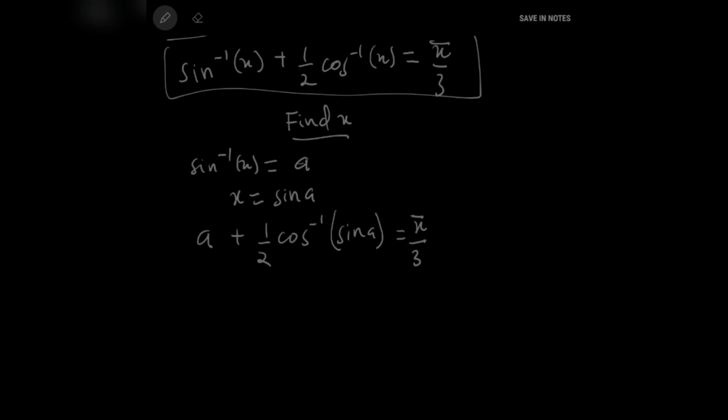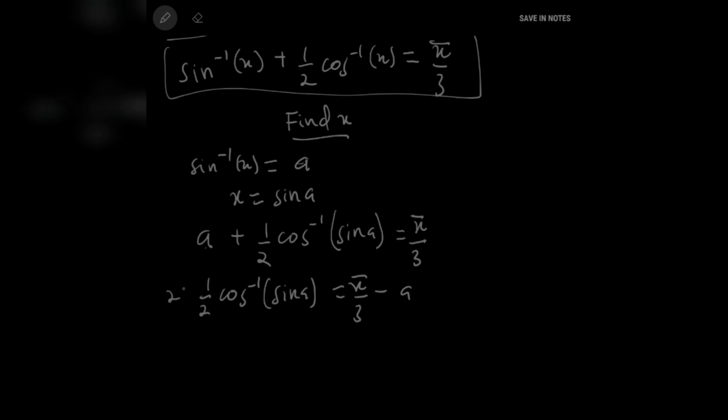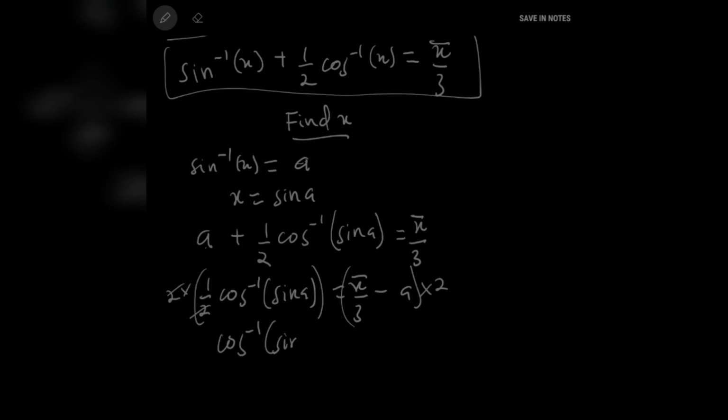Okay, so we are going to move this a to the other side, so we get half cos inverse of sine a equals pi on 3 minus a. Now we are multiplying both sides by 2 to get rid of the half. So we will now have cos inverse of sine a equals 2 pi on 3 minus 2a.